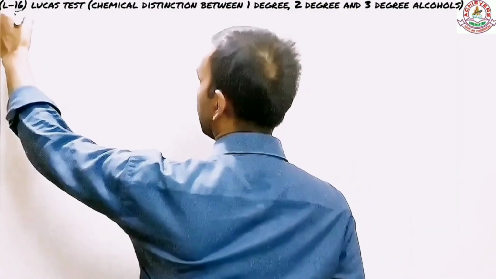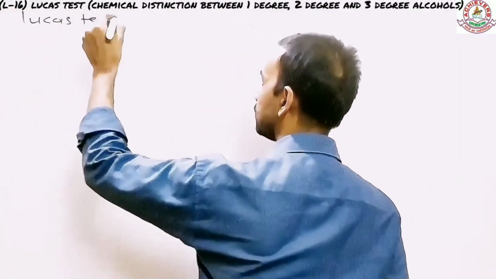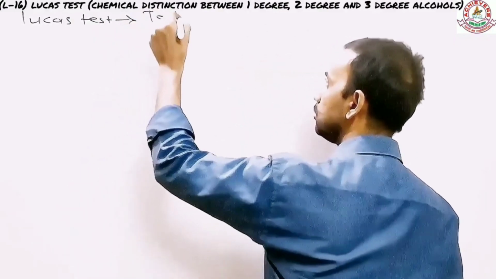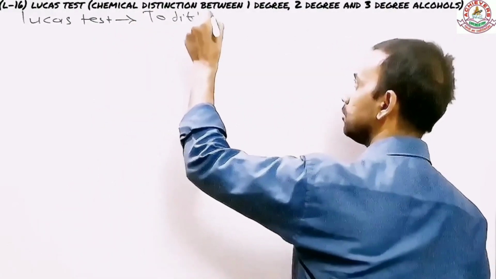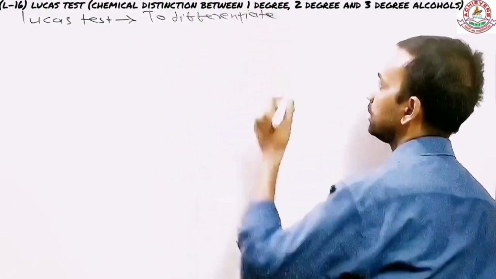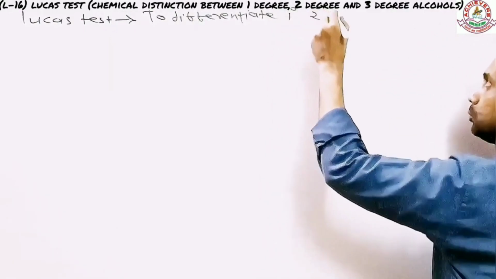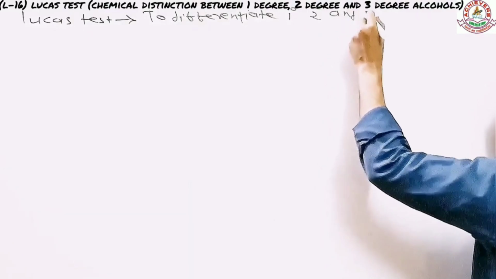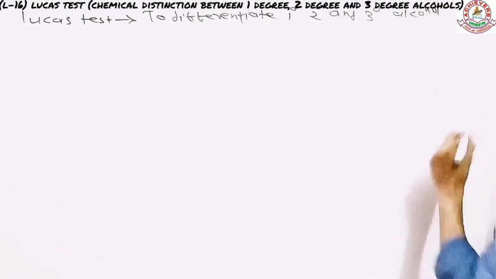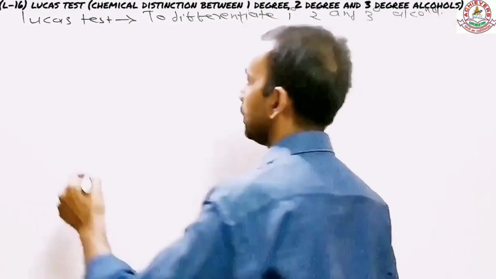So the topic we have is Lucas test. Like I was saying, this is used to differentiate 1 degree, 2 degree and 3 degree alcohol, right, on a chemical basis.